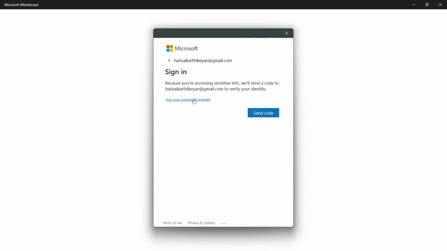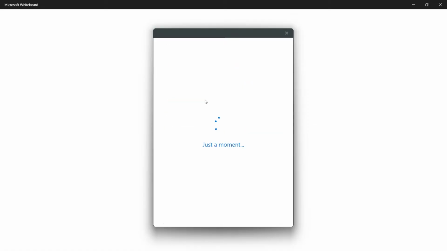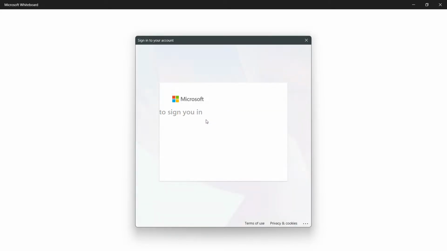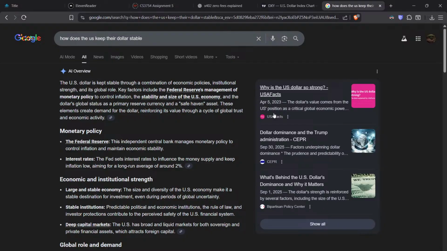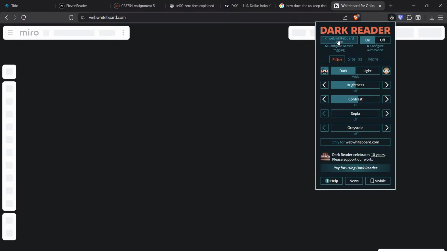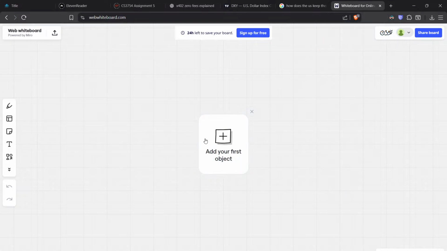What is this? Can I use my password? I don't know. What is this? Whatever. Can I use something else? Online whiteboard. Yeah, this should work. Start. I'm not using graphic acceleration, so this might be kind of slow, but I think it should be fine.